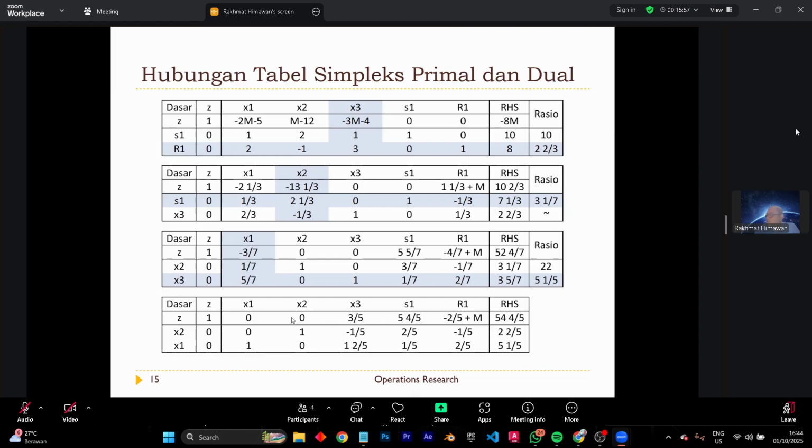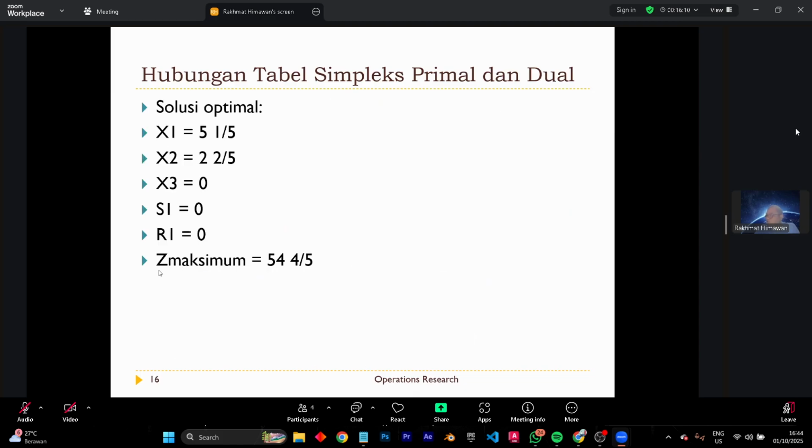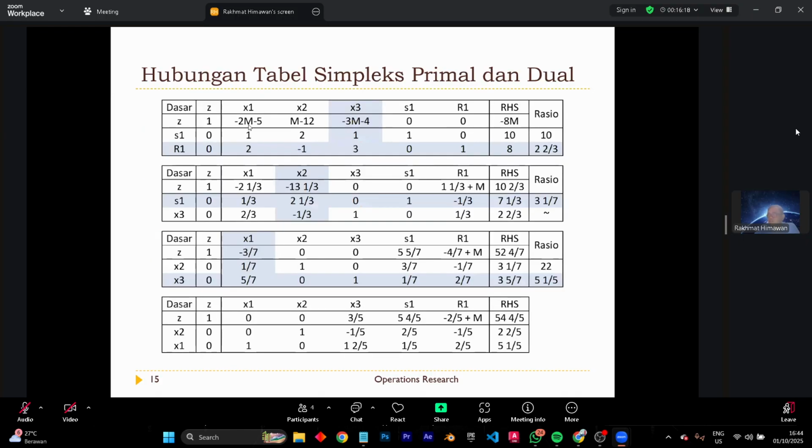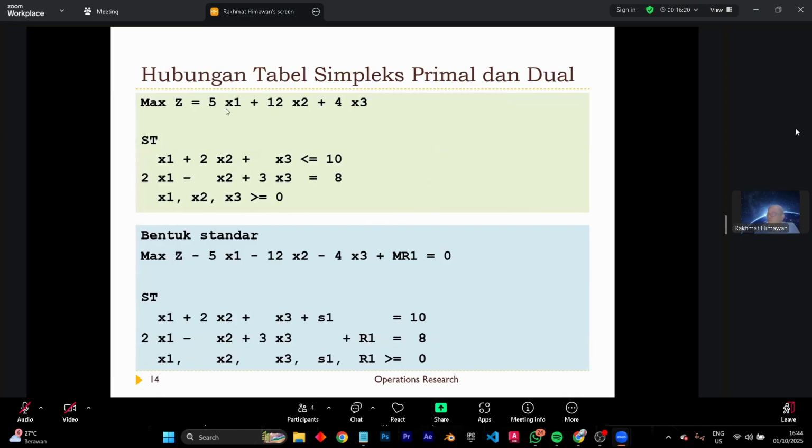Everything here is plus. This is minus 2 by 5, but plus M, so it's actually plus. So this is optimal, and this is the result. Z is 54 4 by 5. X1 is this, X2 here, X3 is 0. That's what we need to know, right? We want to know what x1, x2, and x3 are. We know the result now.